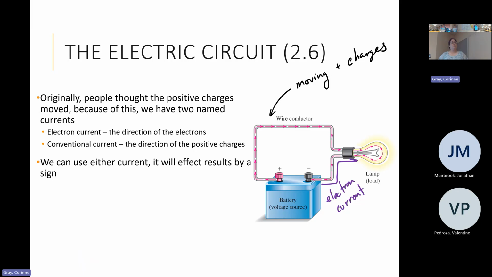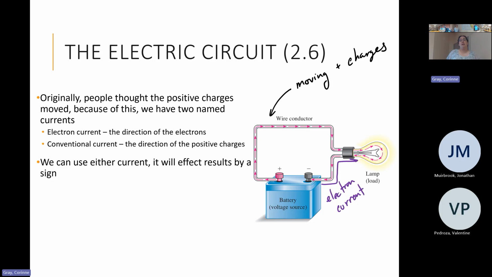So if I do the conventional current, I'm going to go around this circuit in the clockwise direction. How I set up my math is going to look pretty much exactly the same as if I did the electron current. It's going to look almost identical. I just need to go around counterclockwise instead and multiply everything by a -1.